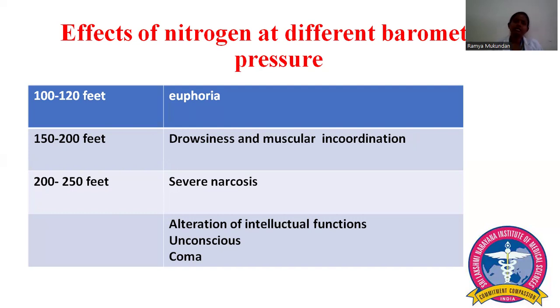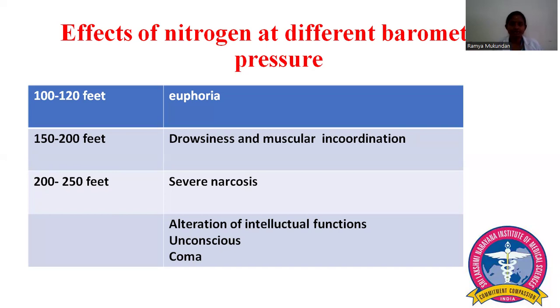So when he further descends down to about 150 to 200 feet under the sea, he becomes drowsy and sometimes muscular incoordination also occurs. When the subject further descends down to a deeper depth of about 200 to 250 feet, all symptoms of narcosis, that is anesthesia, occur.